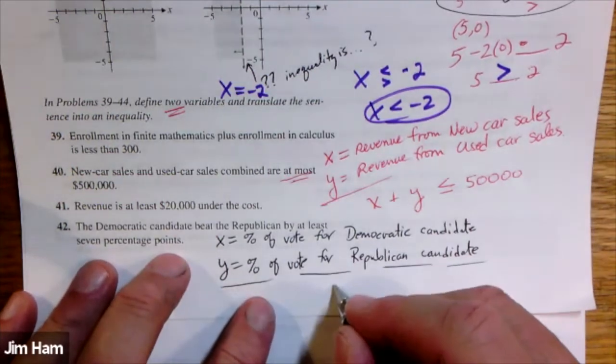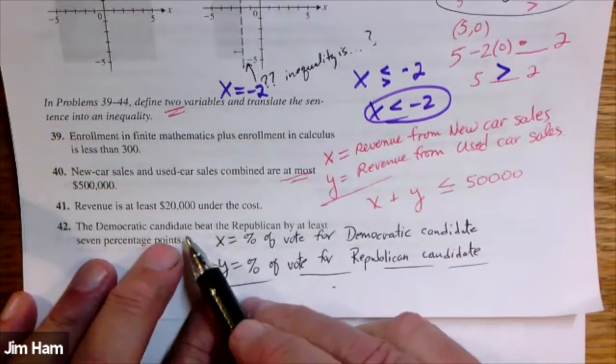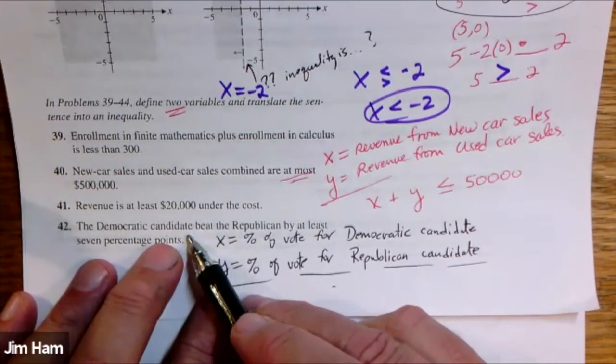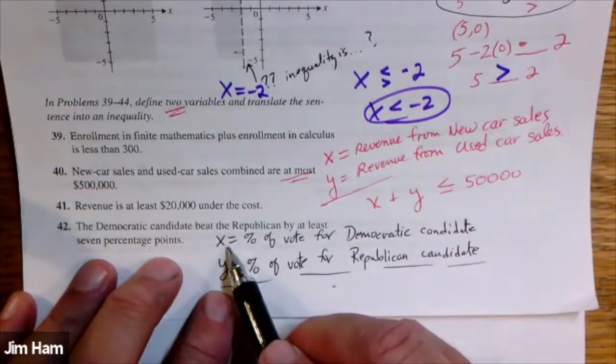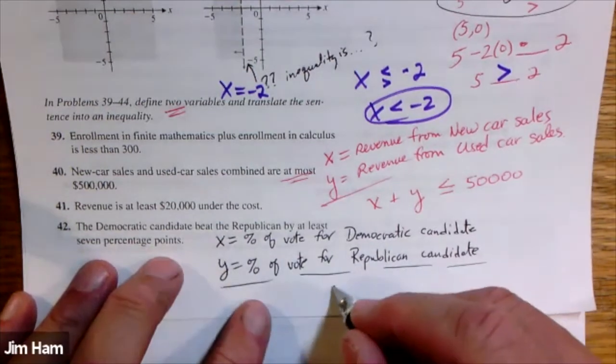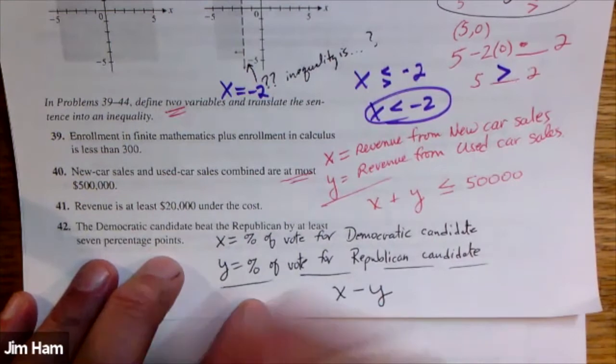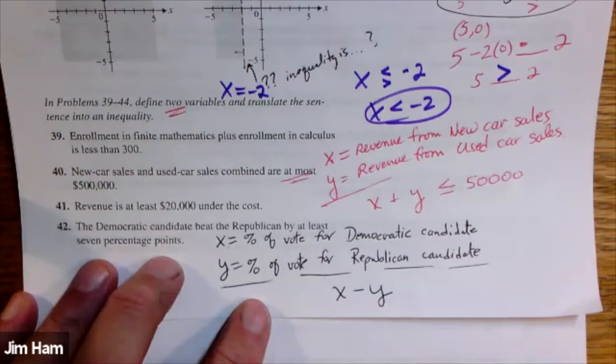By at least 7 percentage points. All right. Now, if the Democratic candidate beat the Republican, then the Democratic candidate's percentage is higher than the Republican candidate's percentage. And so to get a positive number, we would subtract in this way. It's the difference between those 2 percentages. The difference would be how much one candidate beat the other one by.